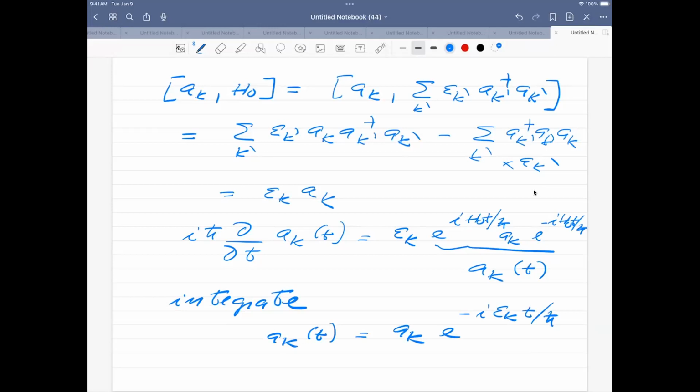You can find a similar representation if we repeat this exercise. Similarly, we have a_k^†(t), which is given by the original, time-independent a_k^†, times e^{iε_k t/ħ}.